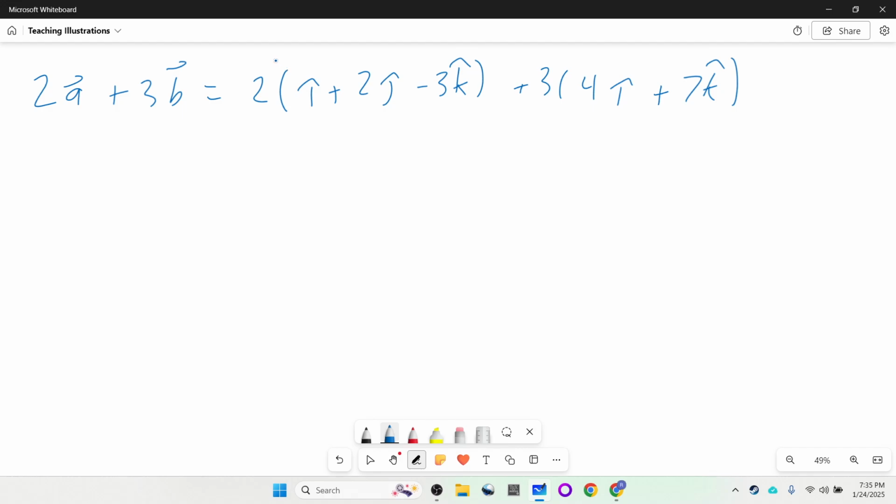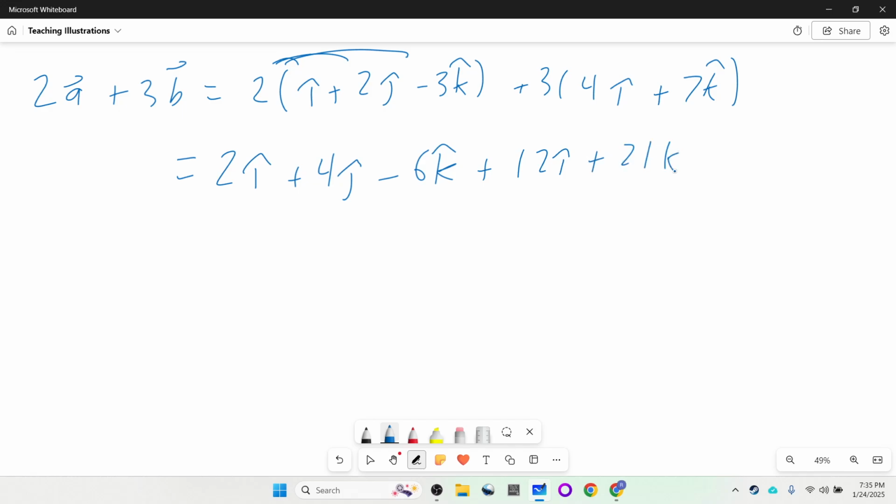Well, we can go ahead and distribute this like we would with regular variables: 2i plus 4j minus 6k plus 12i plus 21k. j is missing from the second vector, so if you needed to fill it in, you would write 0j. And so we add like terms here.